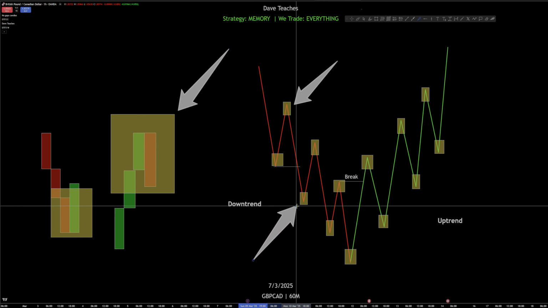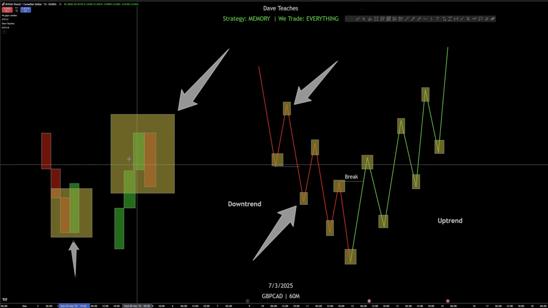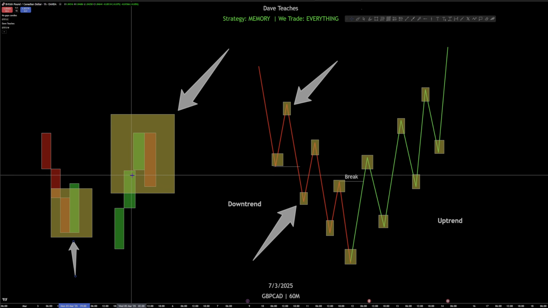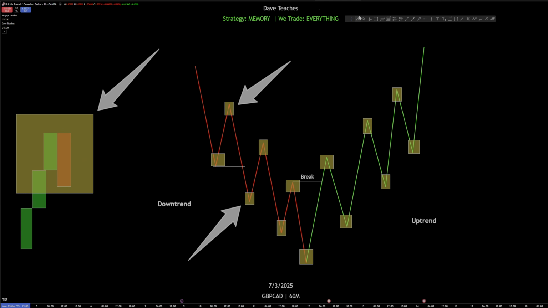As we put in a low down here, that's what's happening there. So all it is is validating our pullback, right? Now, what is the pullback? Is the pullback a retracement, or is the pullback a continuation? All it is is pulling price back to the opposite direction that it's slated to go in, right? That it's intending to go in.